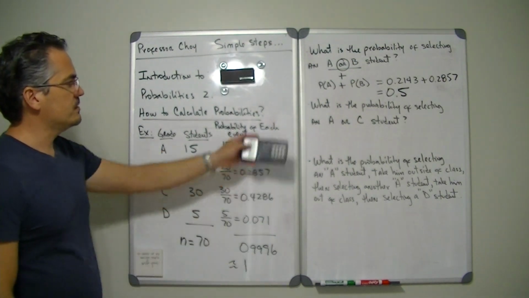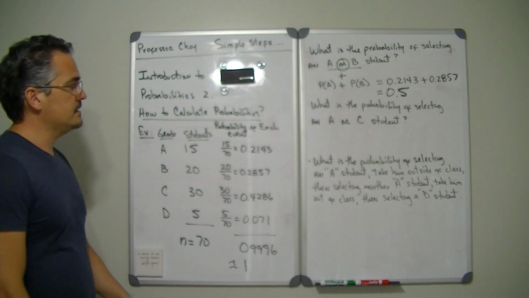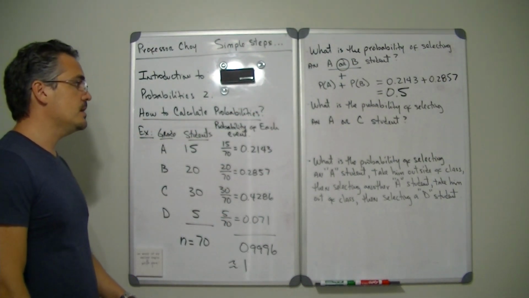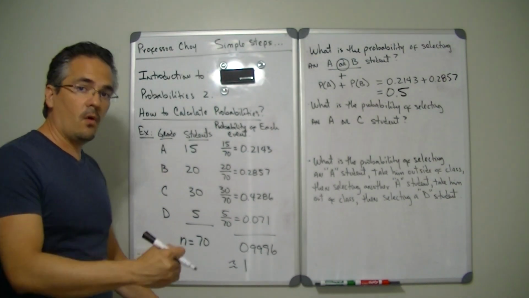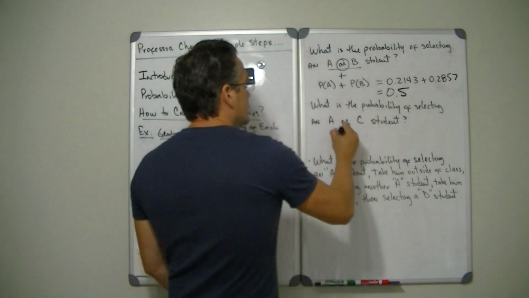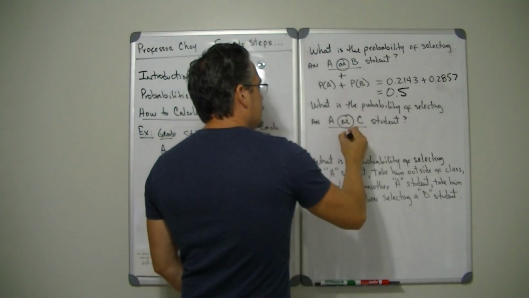Alright, now another question. What is the probability of selecting either an A student or a C student? Again, remember, every time we say or, we're basically saying add.